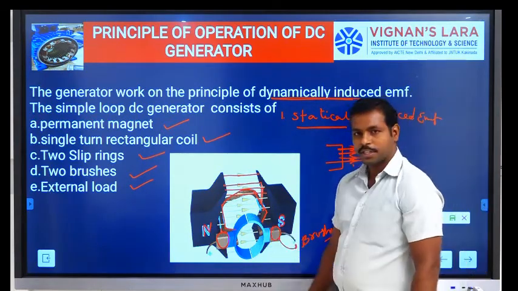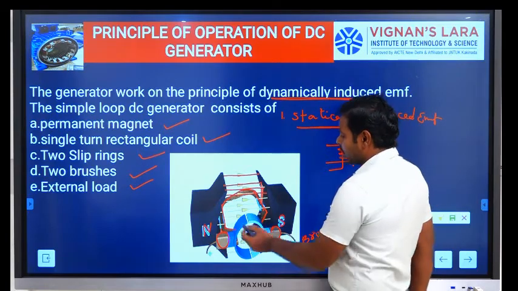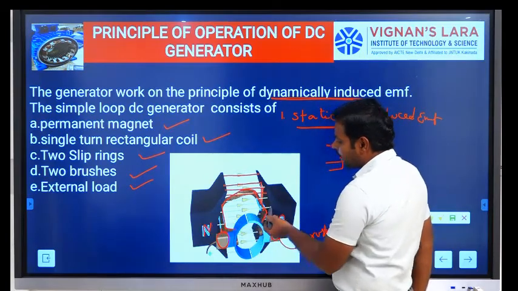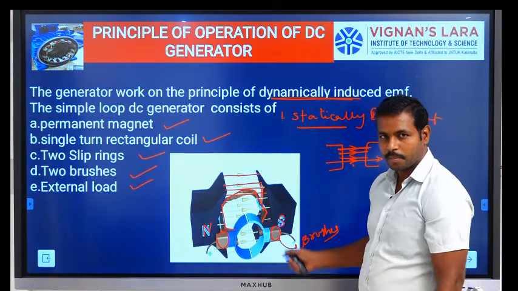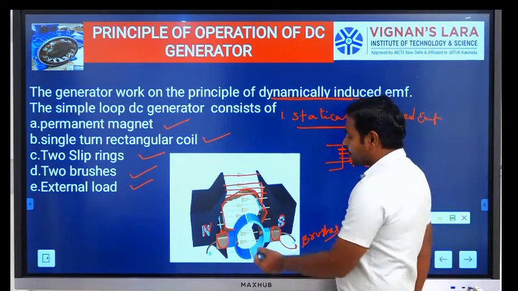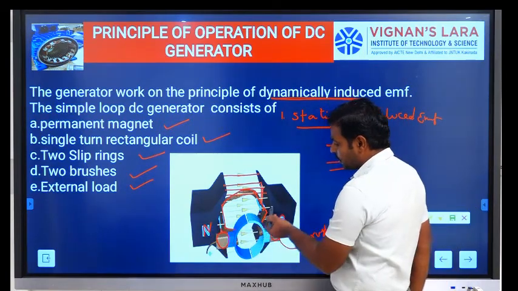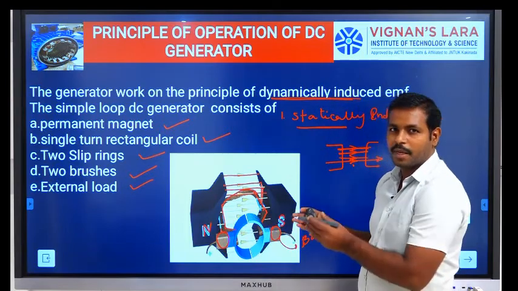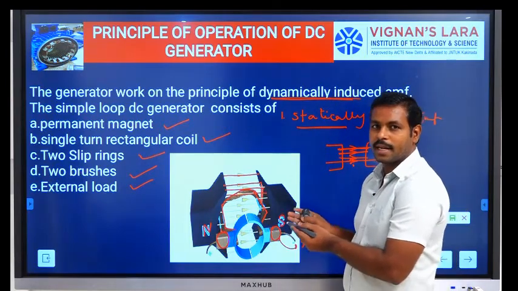In this operation, first of all, the permanent magnet always generates the magnetic field, which flows from the north pole to the south pole. In between the magnetic field we can place the conductor.